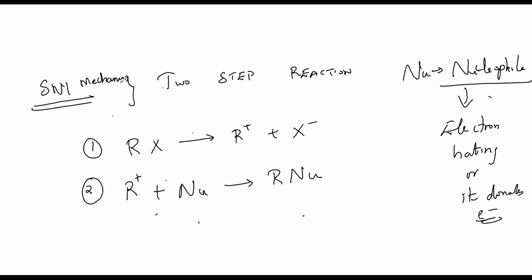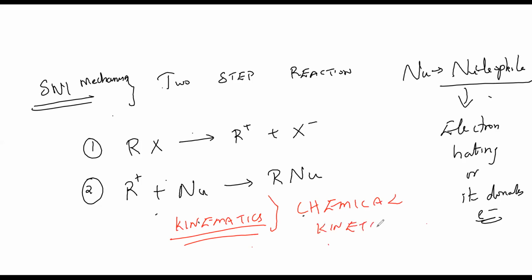The next one, rate of this reaction. We got something called kinetics. Under that, it will come as chemical kinetics for you. One chapter is there, chemical kinetics. So here, this is a first order reaction.